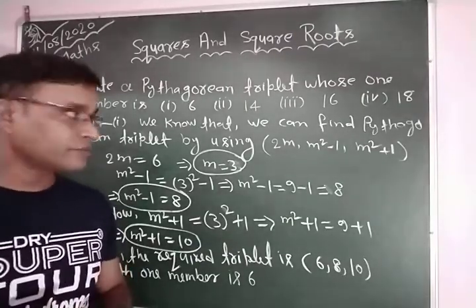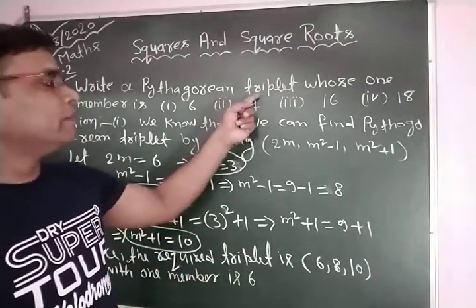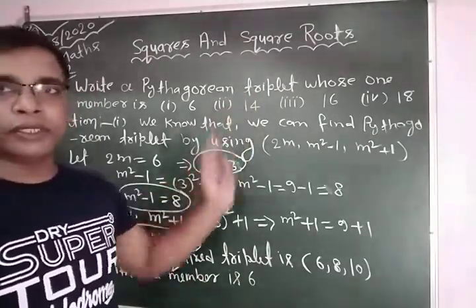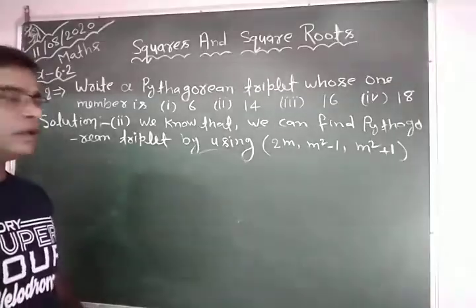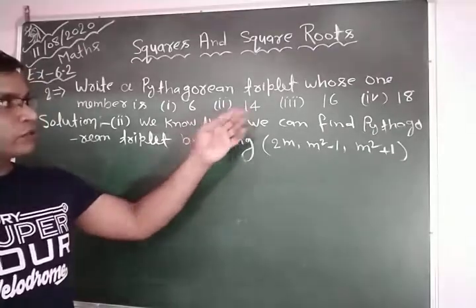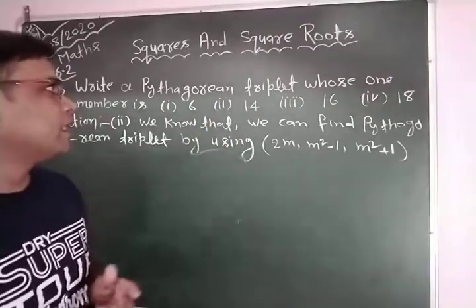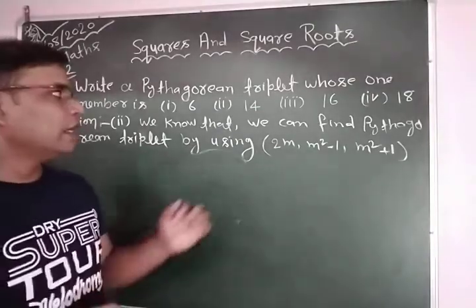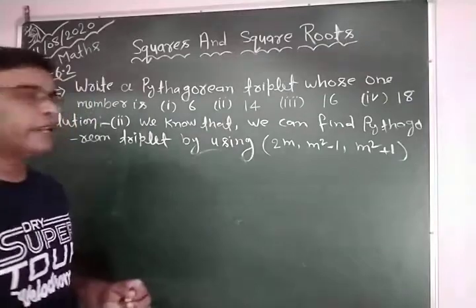Okay, now we are going to discuss again, if one member is 14. So let's see how to solve this question. This is the second part of question number 2. We find the Pythagorean triplet, and the one number given is 14.